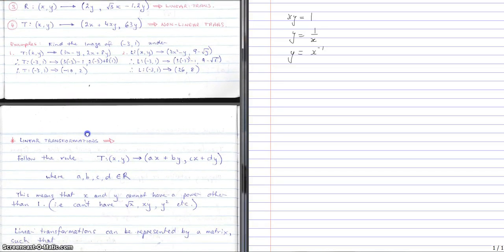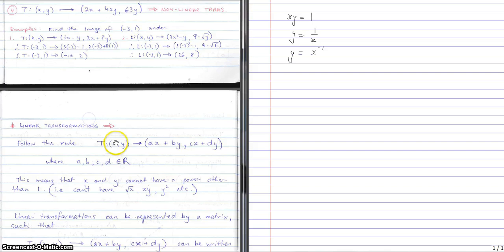Now, linear transformations follow this particular rule. So we've looked at a few examples. As a definition, I suppose, the transformation T, being a linear transformation, will follow this rule, where (x, y) becomes (a times x plus b times y, c times x plus d times y). So your new x coordinate is ax plus by.